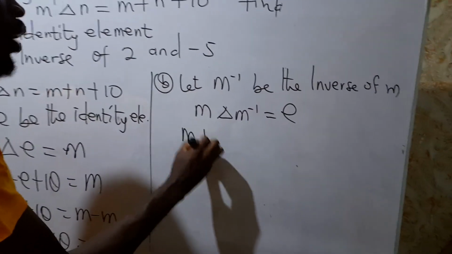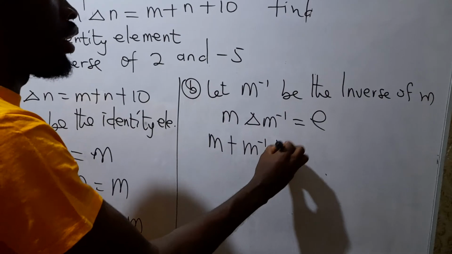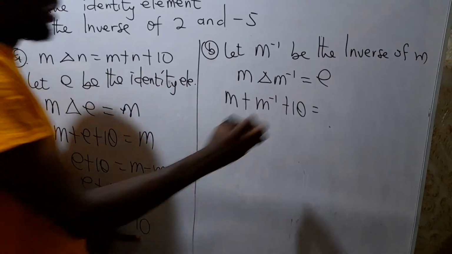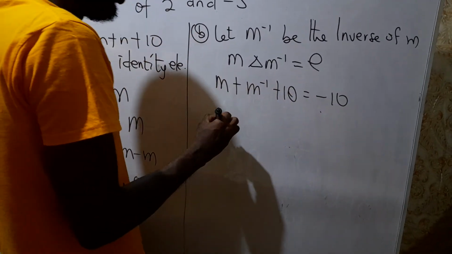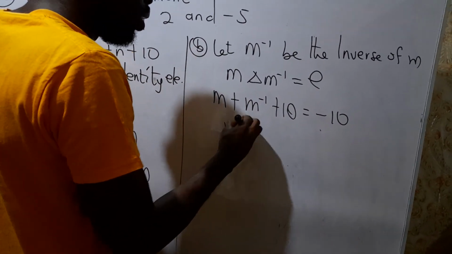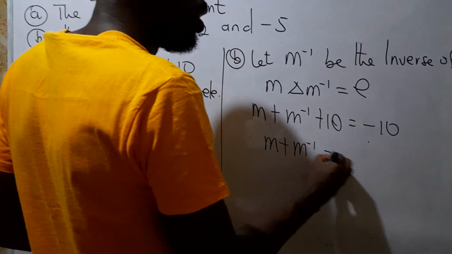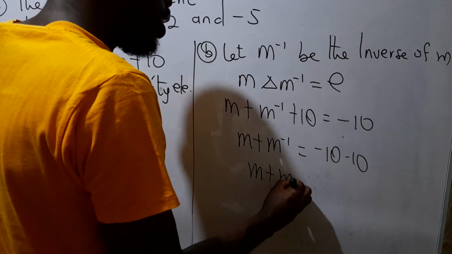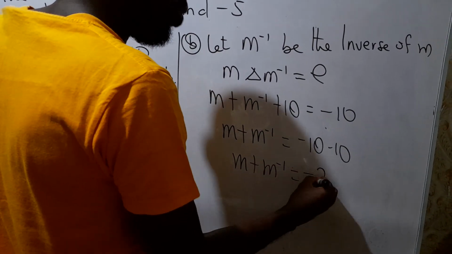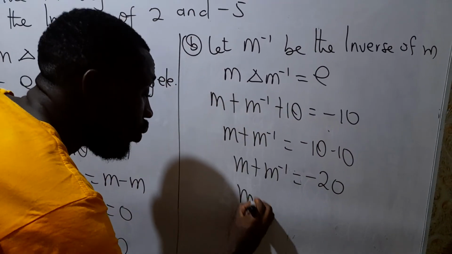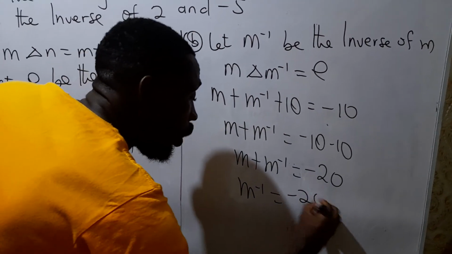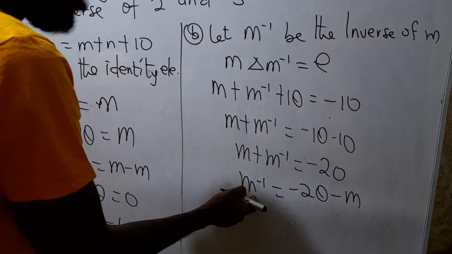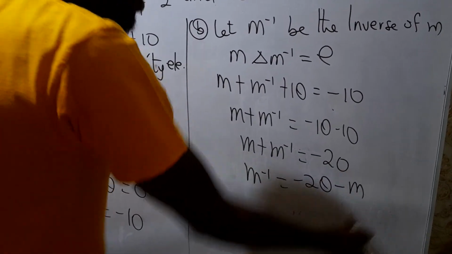We can say m plus m inverse plus 10 will be equal to the identity element, and the identity element is -10. So we can say that m plus m inverse equals -10 minus 10. m plus m inverse will be equal to -20. So m inverse will equal -20 minus m. So the inverse of any element will be -20 minus that element.